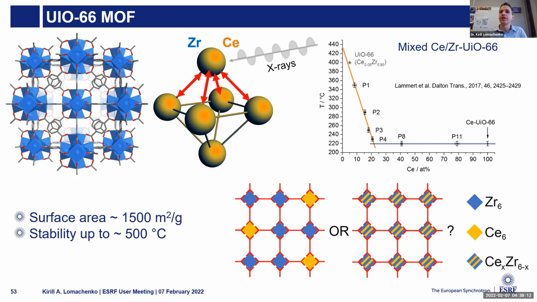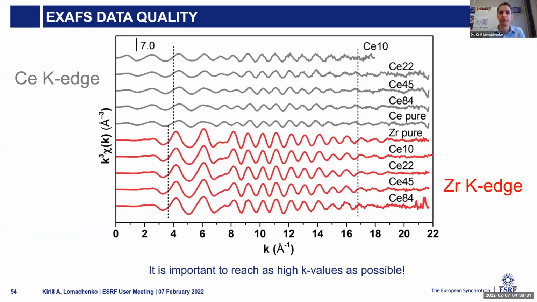So in order to answer these questions, the small question, whether we have the situation on the left or the situation on the right, and the bigger question of what happens in general, we measured the spectra of different mixed metal UiO-66 MOFs with different cerium content.